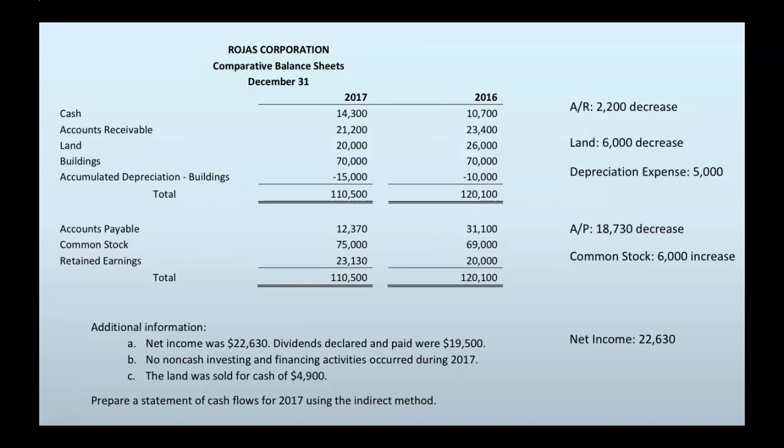Then we have our net income amount, our dividends paid amount, our proceeds from the sale, and then we have this loss on the sale. So this is where that decrease in land comes back into play. So we sold land for $4,900, but the land that we sold was worth $6,000 on our books.